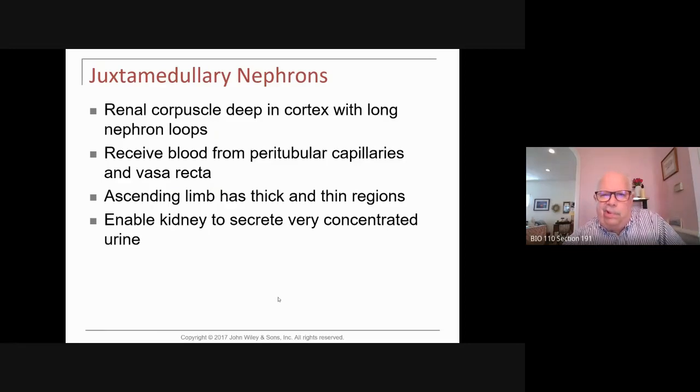These cells produce the hormone enzyme renin, which in the presence of low blood pressure starts the RAS system that will eventually raise your blood pressure. Okay? So that is extremely important to understand. 85% of the nephrons are cortical nephrons because they produce urine, and 15% are juxtamedullary nephrons, which produce the hormone enzyme renin to raise your blood pressure.